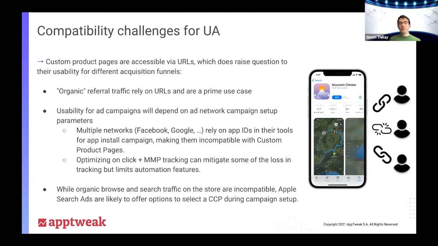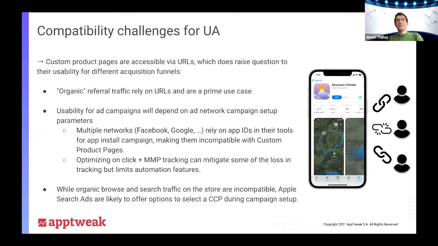If you're using other networks, and obviously the first ones that come to mind are Facebook and Google, you will have to check and possibly ask your customer success point of contact with them what they have planned around this feature. Because today, when you set up your campaign, you have to give your app ID, and the tools are the ones that make the app install campaign send to your product page. And that means you cannot just say, instead of having the app ID, let me give the URL.